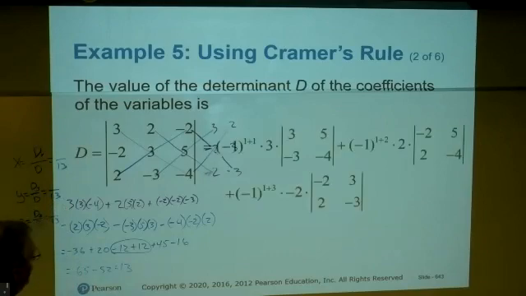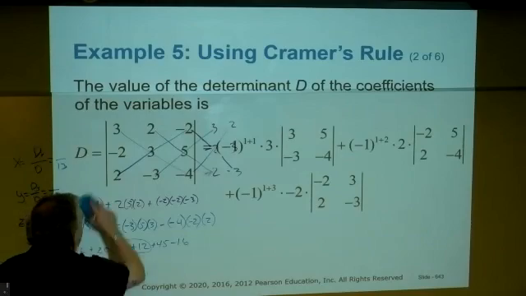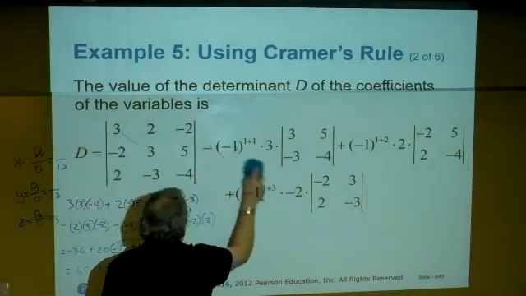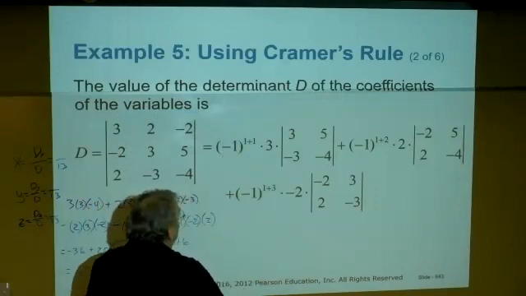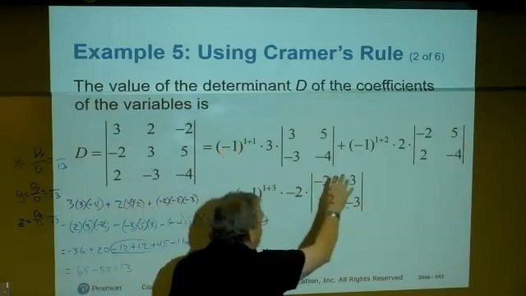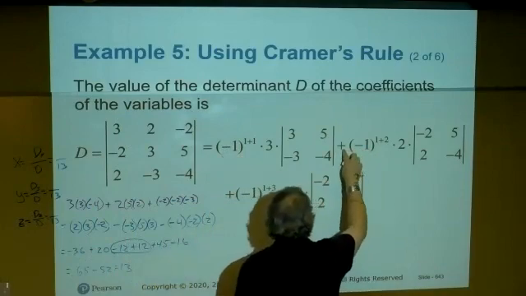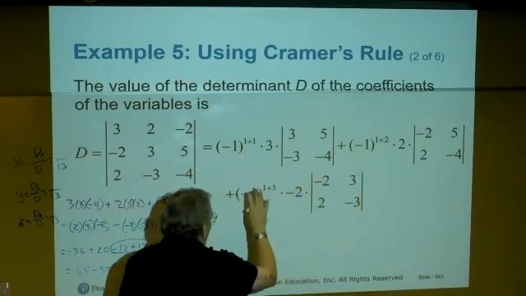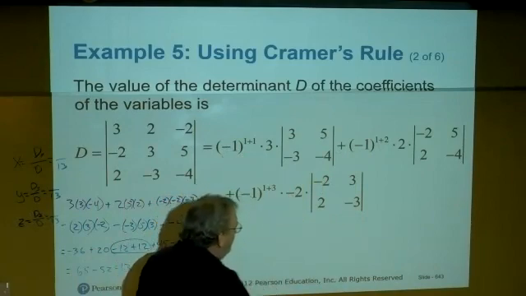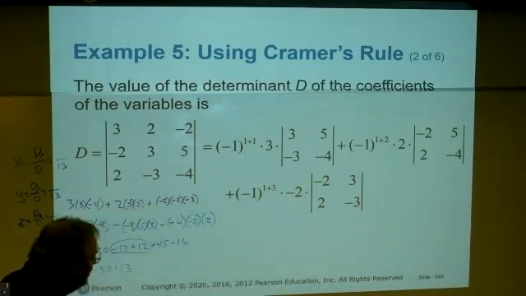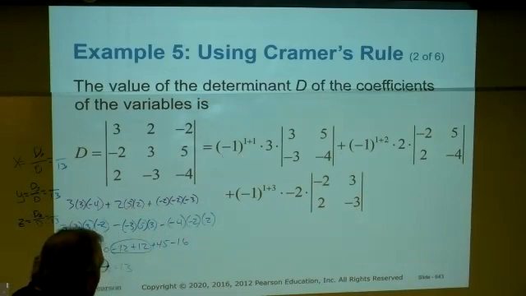And what they do here is they do it by using the minors. They're using the first row. So this will be a positive 1, this will be a negative 1, so this will become minus, and this is a positive 1, so I'm adding a negative, so that's what makes that become minus.